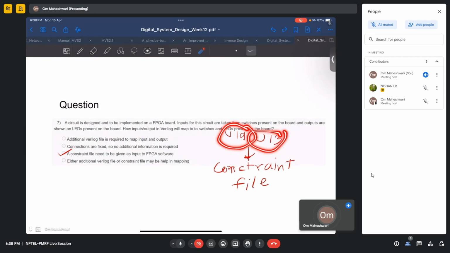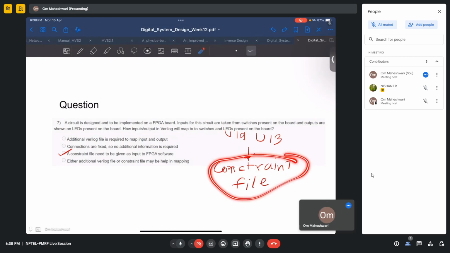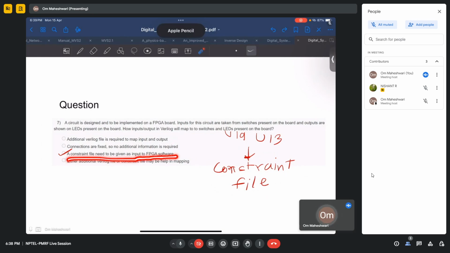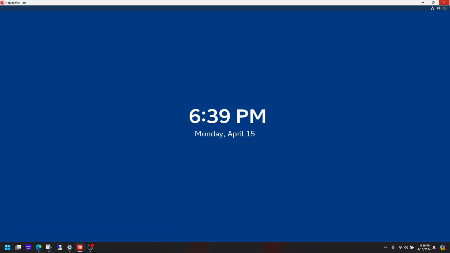U19, U13, and something like that. We defined all this in the constraint file, which was fed as an input to the Vivado. So a constraint file is required, which needs to be given as input to the FPGA software, where this constraint file just defines at which pin what do we have.